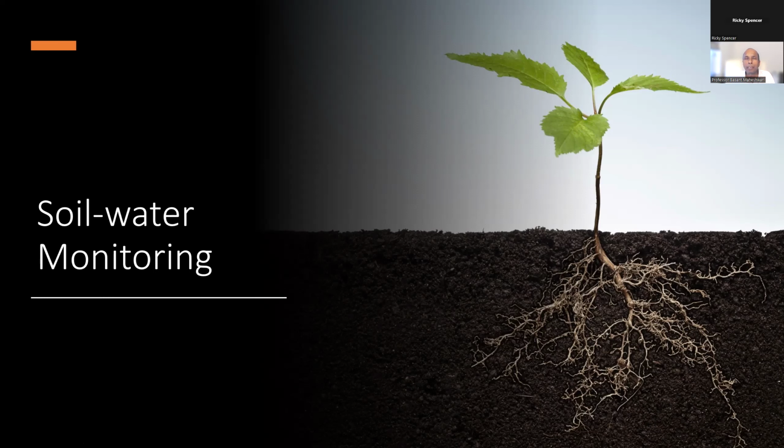But if the scarcity of water in the soil profile continues, it will start affecting the plant physiology, and wilting of the plant starts. And if that continues, then the plant dies. So by monitoring how much water is in the soil profile, we can maintain the growth of the plant at an optimal level.